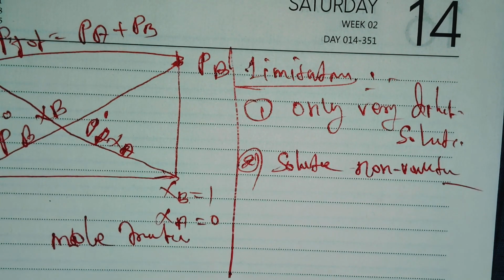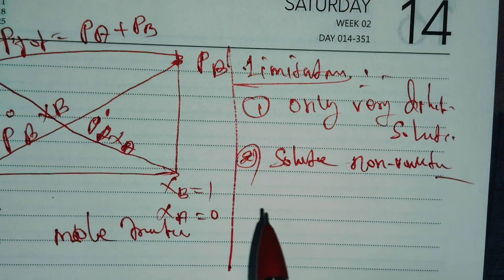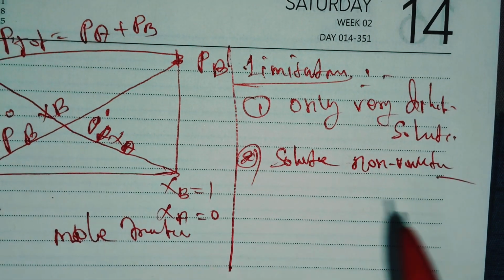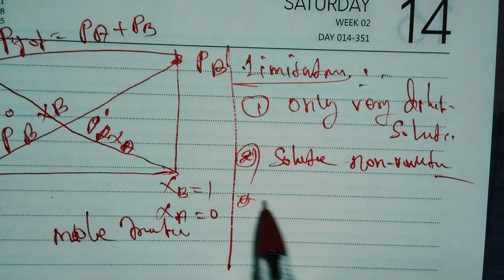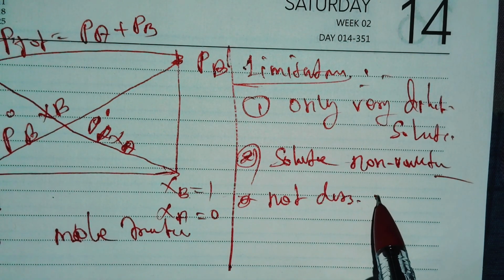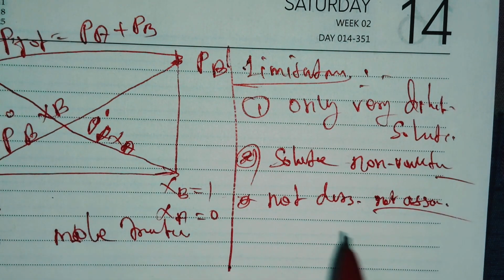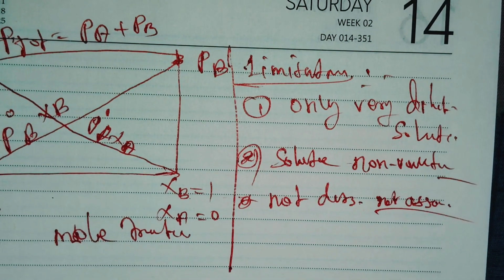The third category is that it is not applicable to a solute which dissociates or associates in solution. It must neither dissociate nor associate, otherwise the solution is not applicable.